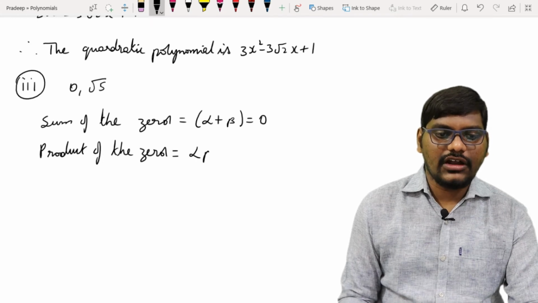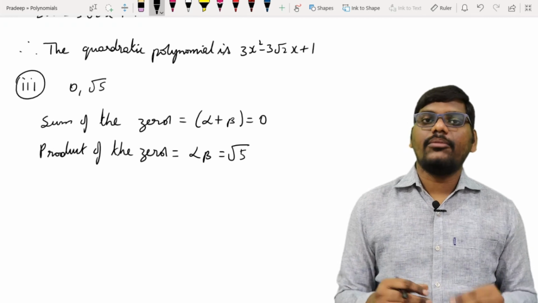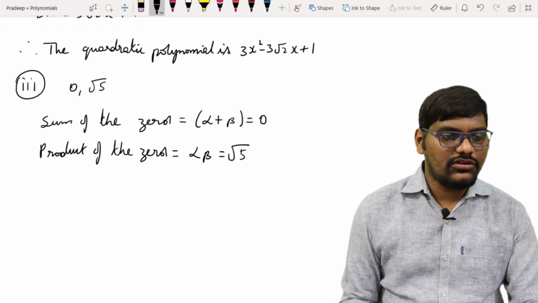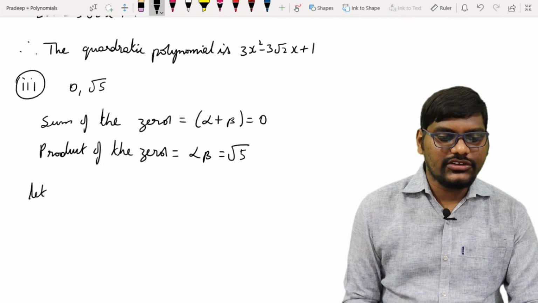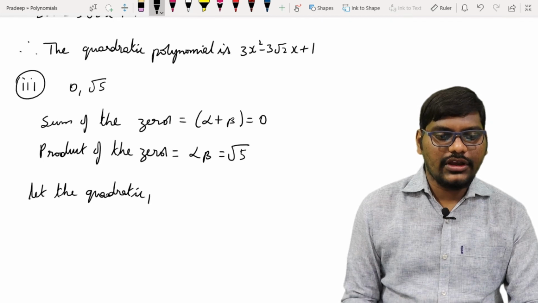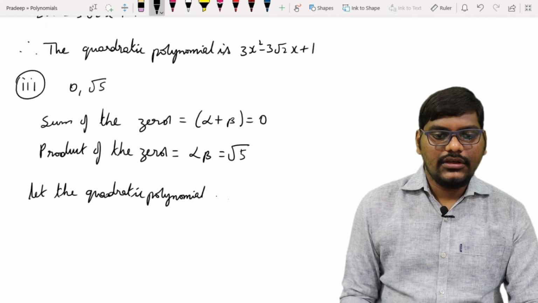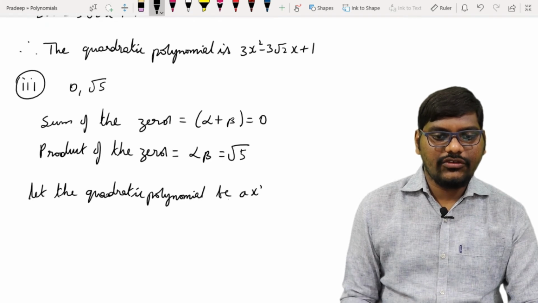Product ends, we have to write alpha beta, which they have given as root 5. So sum and product we wrote. So the general equation, I can write: let the quadratic polynomial be ax square plus bx plus c.